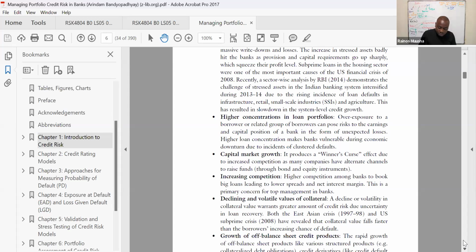Then there's increasing competition, and there they say higher competition amongst banks to book big loans, leading to lower spreads and net interest margin. So this is a primary concern for top management in banks. Because remember, when you talk about increasing competition, they're basically saying that because there's an increase in competition, the bank is not going to be able to charge interest as high as they would want to.